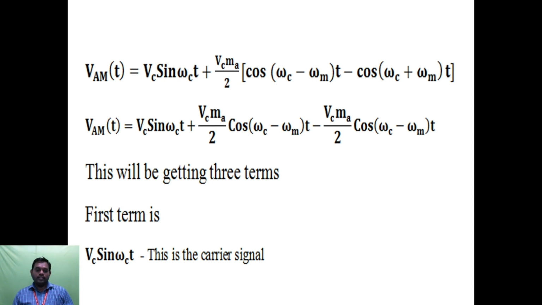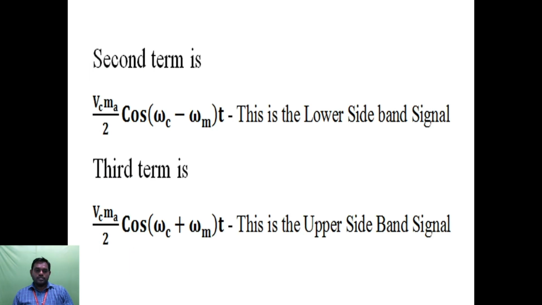The above amplitude modulated signal consists of 3 terms. The first term, Vc sin omega c t, is the carrier signal or high frequency signal. The second term, Vc Ma by 2 cos(omega c minus omega m) t, is the LSB or lower sideband signal.